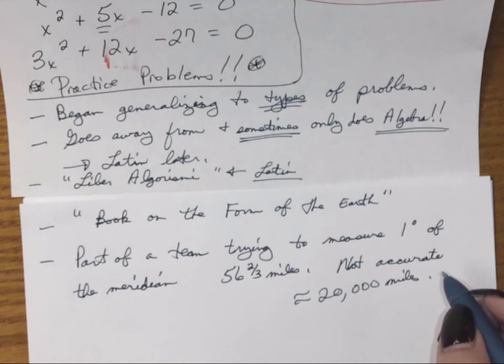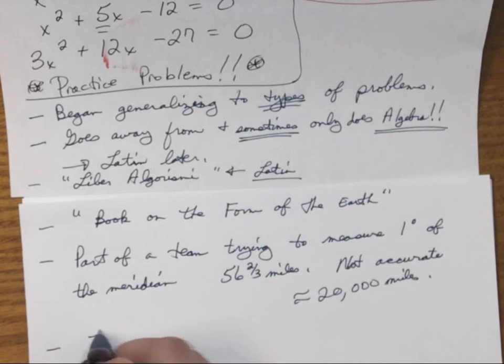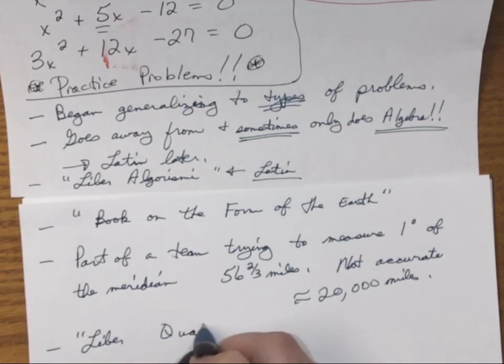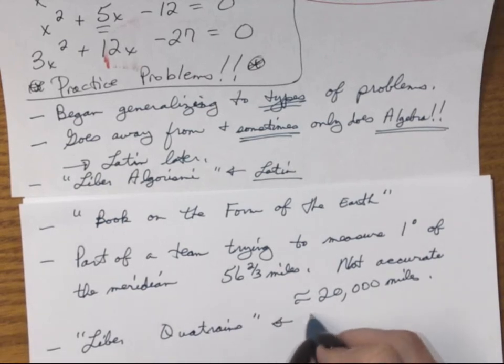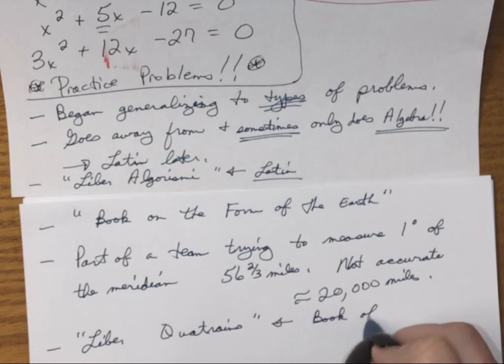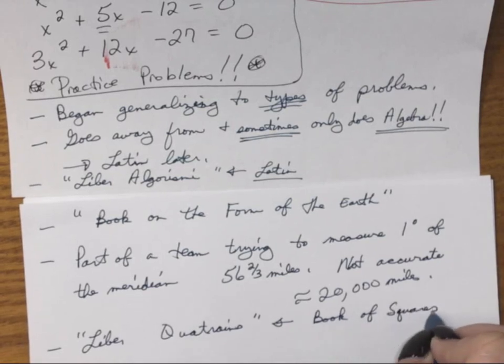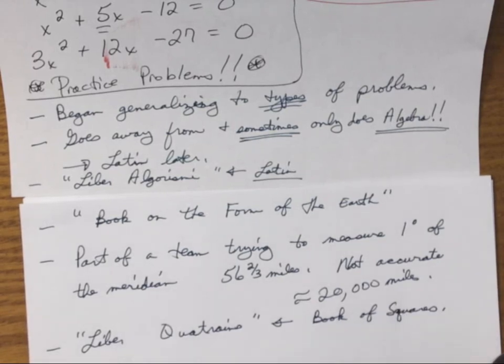He wrote a book that, when it was translated, was called Liber Quadrans, which basically means the Book of Squares. So think, he's writing in Arabic, it's getting translated to Latin, and now we're looking at it, okay? Some interesting stuff in there was he was dealing with x squares. He was dealing with the Pythagorean theorem, which, as we know, has been around for hundreds, probably thousands, of years.